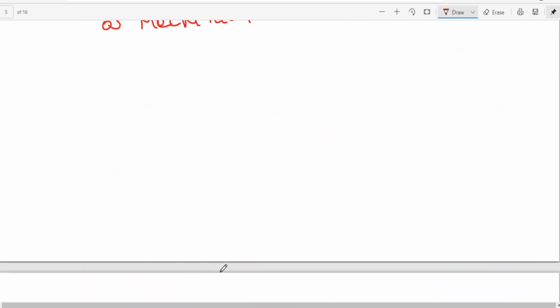Now we can come back to the solution. We start with the solution first. As I told you, we should write the name of the company, then balance sheet.